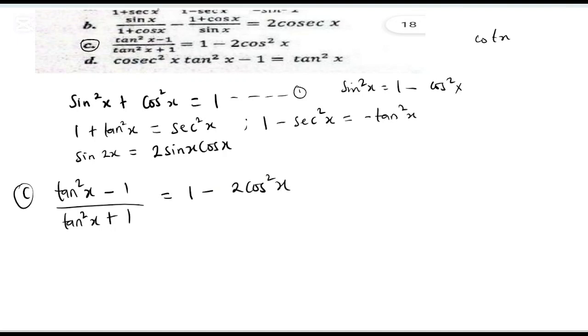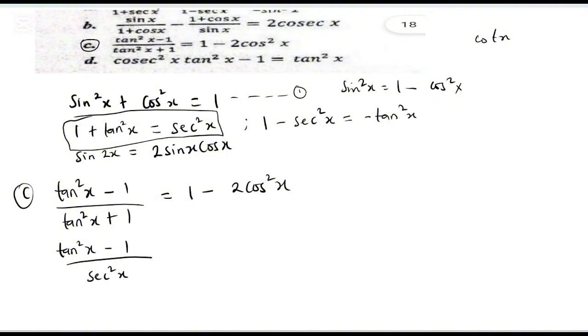Okay, we know from the trig identities that tan squared x plus 1 is the same thing as sec squared x, which is this identity, right? 1 plus tan squared x equals sec squared x, which is also what is here. So you can replace that: tan squared x minus 1 all over sec squared x.